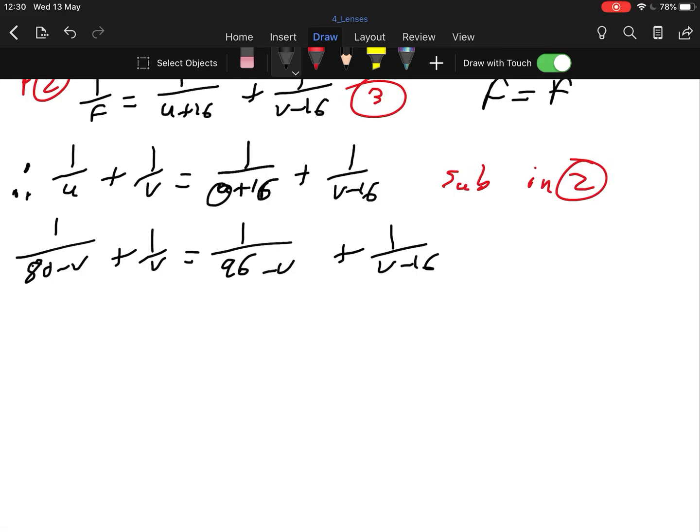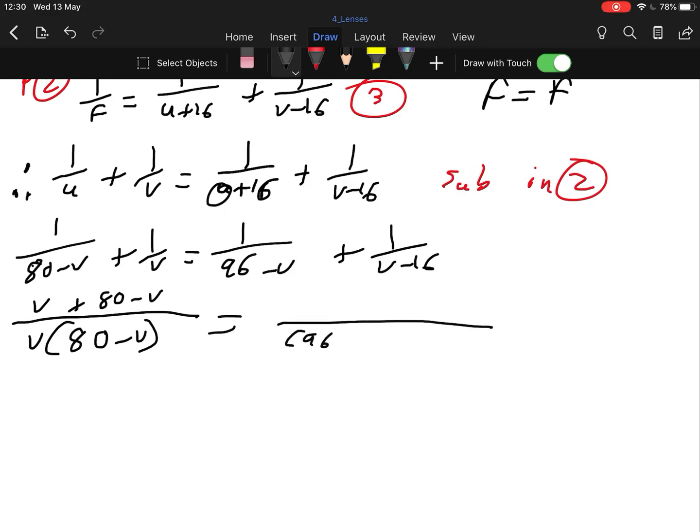No, actually, no, what you do is multiply the 2 together because you've got 2 different numbers. Apologies. So it'll be 80 minus v goes into 80 times v, and v goes into v times 80 minus v. On the other side, we'll multiply our 2 numbers together.